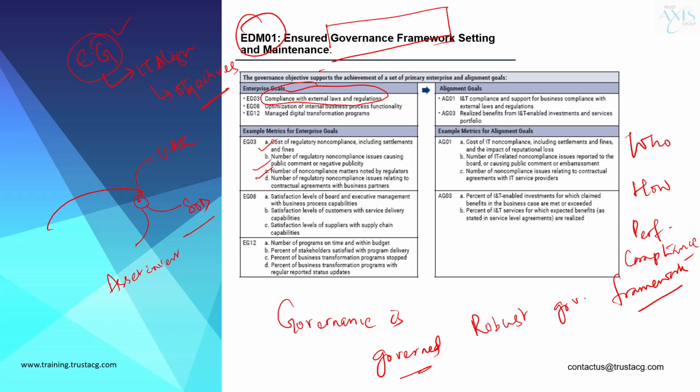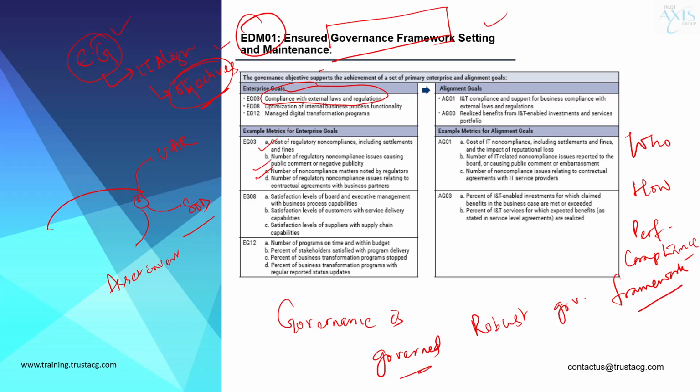So this is the first goal that you would try to achieve by implementing the activities defined under this governance objective.